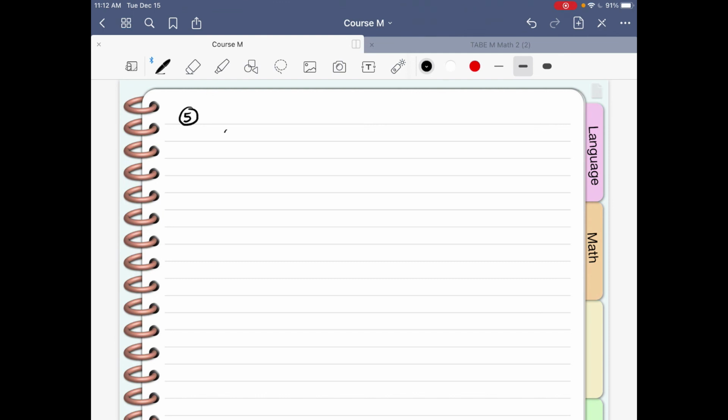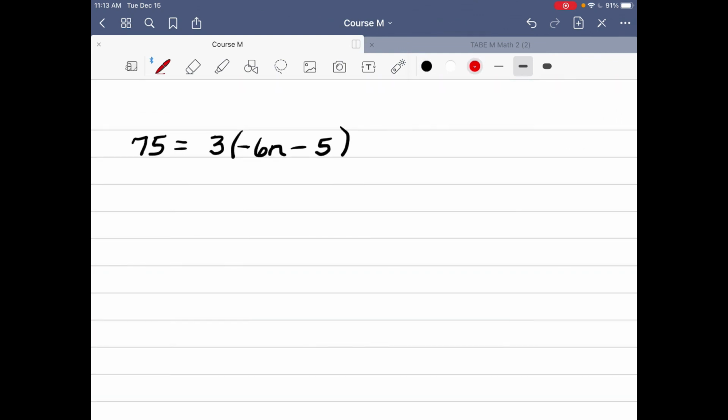Number 5, I have 75 equals 3 times -6n minus 5. So let's distribute first. Three times -6, that's -18 with an n.